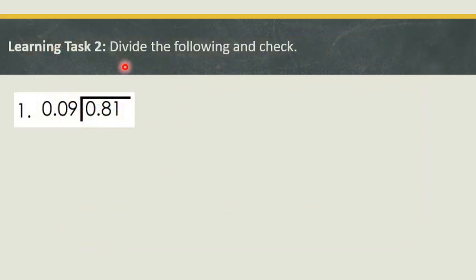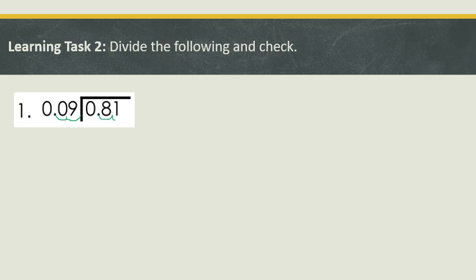So ito, meron tayong learning task 2. Magdi-divide ulit tayo. Since ang 900s ay decimal, gagawin natin siyang whole number sa pamamagitan ng paglalagay ng decimal point sa pinakakanan. So 1, 2. Ilang beses tayo nag-move sa divisor? Dalawa. Kung dalawang move tayo sa divisor, ganun din tayo sa dividend.